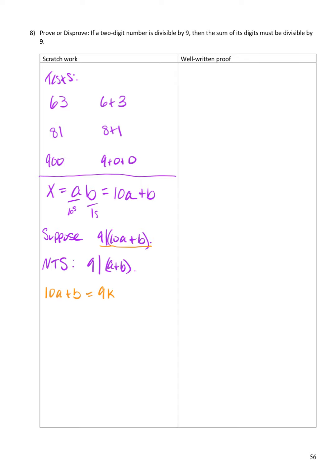And again, what I need to show is that A plus B is a multiple of 9. It is 9 times some integer.